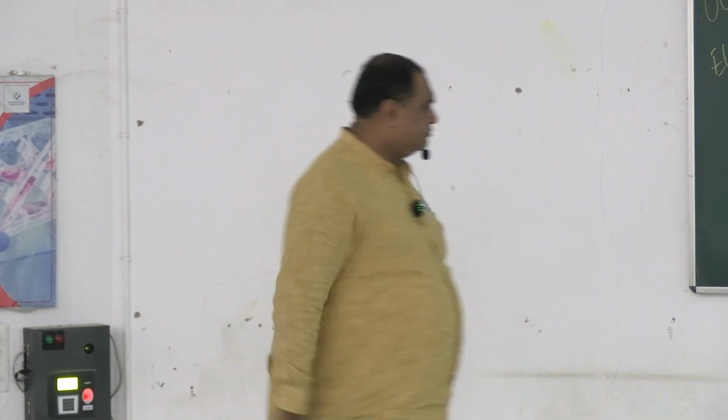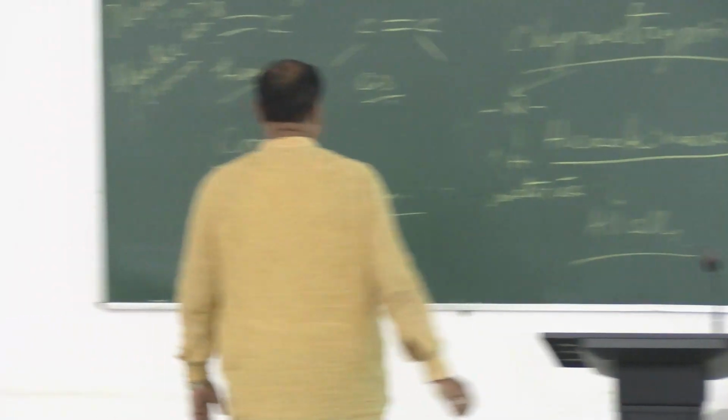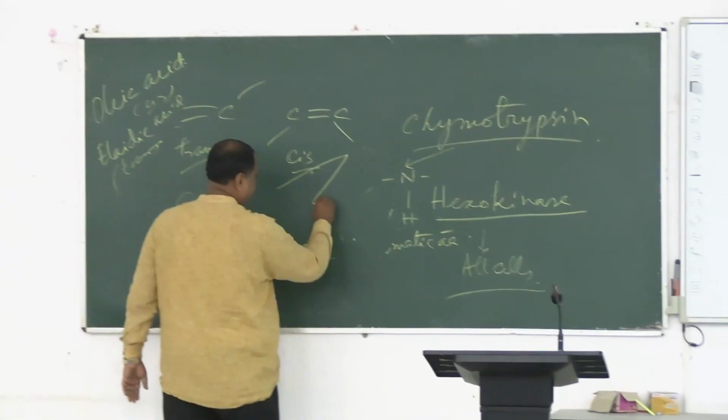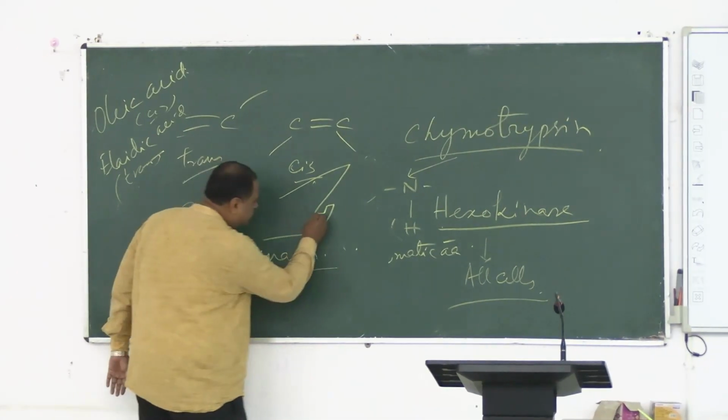What does it do? These enzymes, hexokinase and glucokinase, their face is like a shark. That means the active site is like this. The active site is located here.